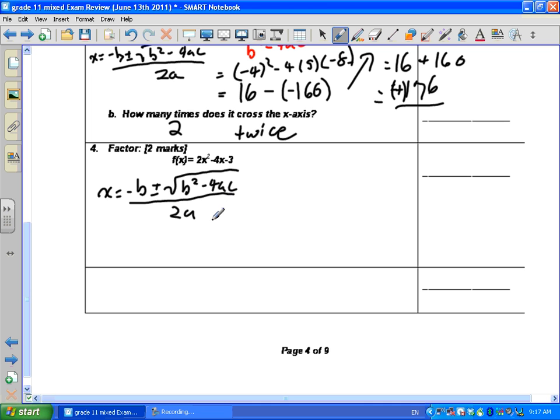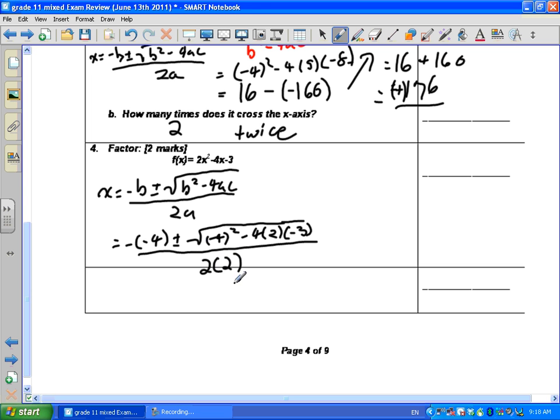Let's put the A up there. Okay. And we're going to plug our numbers in. So our B is -4. So I have -4 plus or minus the root of -4 squared minus 4 times 2 times -3, divided by 2 times 2.